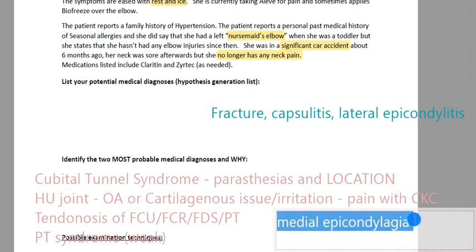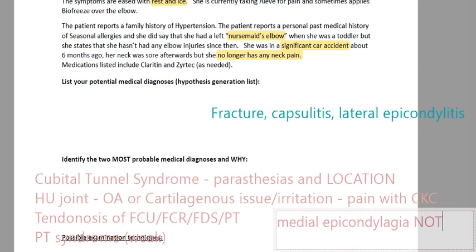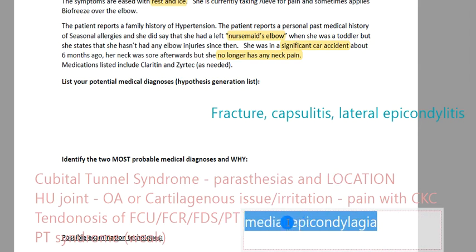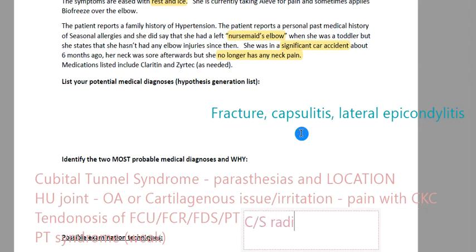But it would not be, I just put here, not an epicondylitis. So with that, okay. Other things here, I would also put here. I think it's a good reason to suspect a cervical spine radiculopathy. So that's another option as well.